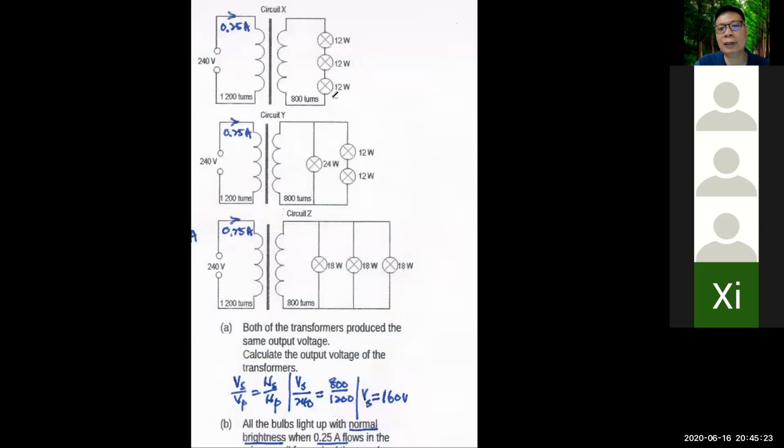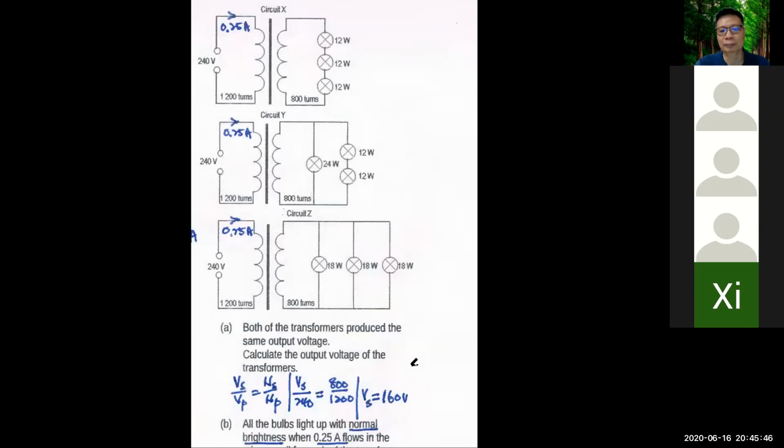Ns, secondary coil number of turns, 800. And then Np 1002. Then you solve here, you get 160 volt. All the same now. Here got 160 volt, here got 160 volt, here also got, because all the same, the output all the same, 160 volt.